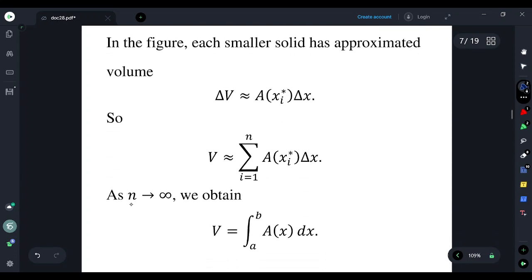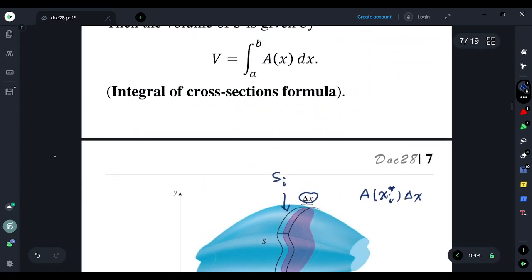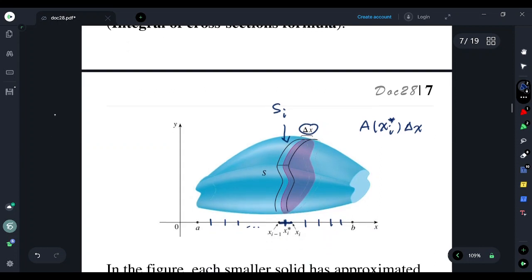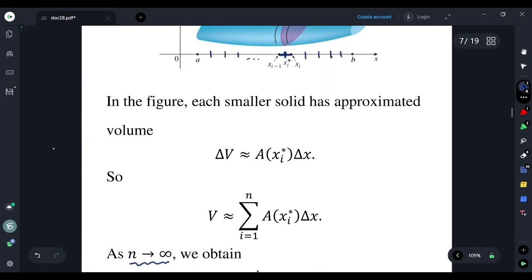And then as n goes to infinity, according to our study of integrals at the beginning, the sum becomes the integral from a to b, A(x_i star) becomes A(x), and delta x becomes dx. This is the explanation of the volume by the integral of cross-section formula. Okay.